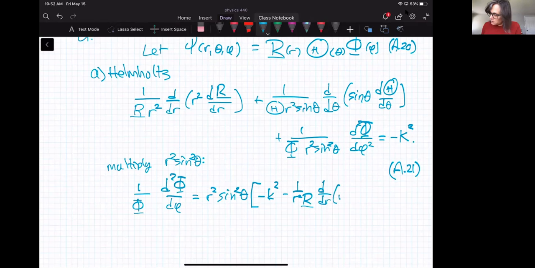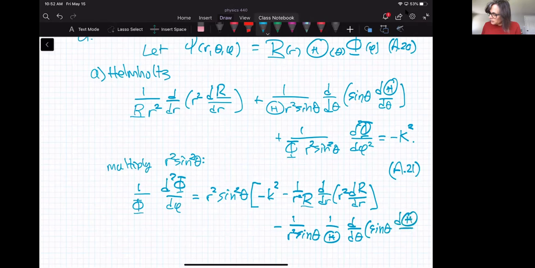d dr r squared dR dr. Okay, so that's the constant term, the r term, minus 1 over r squared sine theta, 1 over capital theta, d d theta, sine theta, d theta d theta.